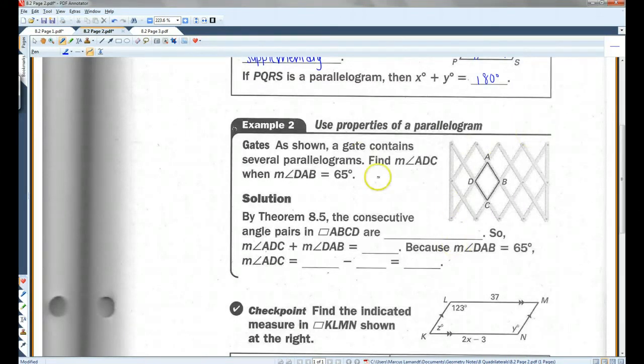Let's do an example. As shown, a gate contains several parallelograms. Find the measure of angle ADC when the measure of angle DAB, that's this angle, equals 65 degrees. Okay, so we are trying to find ADC, that's this angle, if this angle is 65. Hopefully you guys can see that these two angles are consecutive. And the consecutive angle pairs in a parallelogram are supplementary.